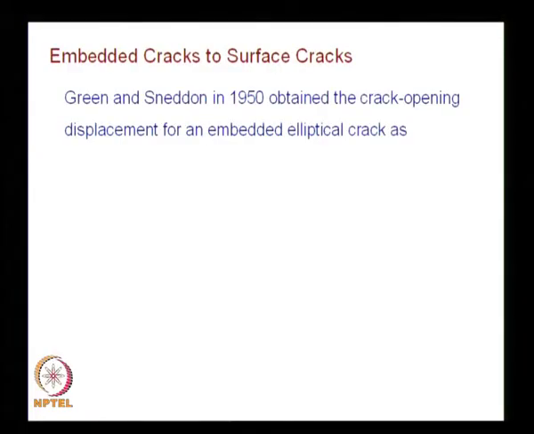Let us look again at how we developed the stress intensity factor variation for the case of a surface crack. There was a substantive mathematical development, and we have already looked at that; there is no harm in looking at it again. Green and Sneddon in 1950 obtained the crack opening displacement for an embedded elliptical crack.